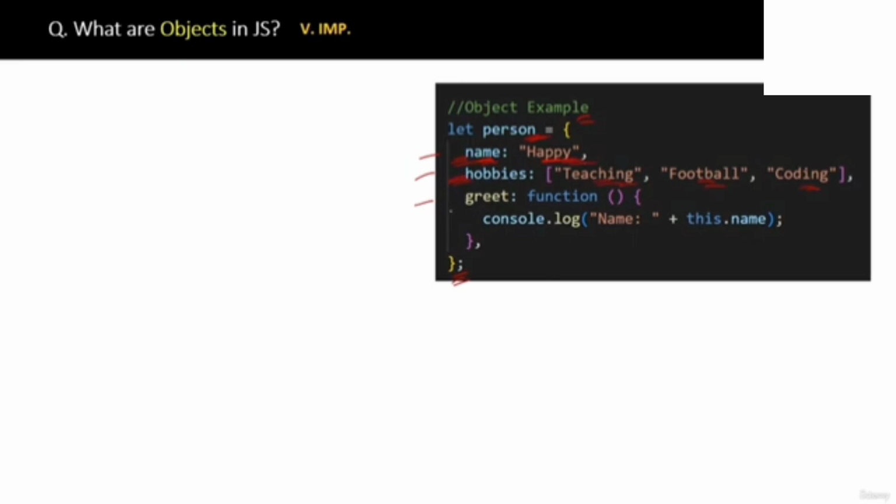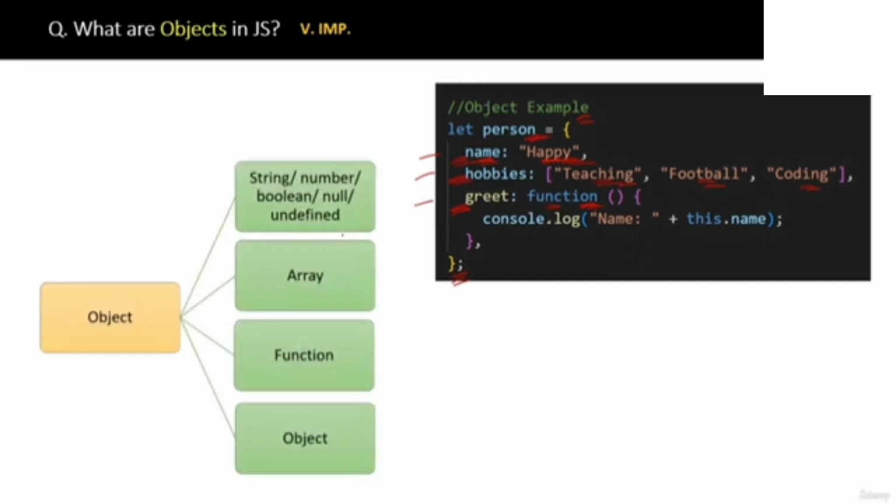And this greet property can be assigned an anonymous function as well, because an object can have functions as well, okay? And here is the list of the types you can assign to the properties of an object: string, numbers, arrays, functions. Also, you can assign a child object to the parent object. We call them what? Nested objects.